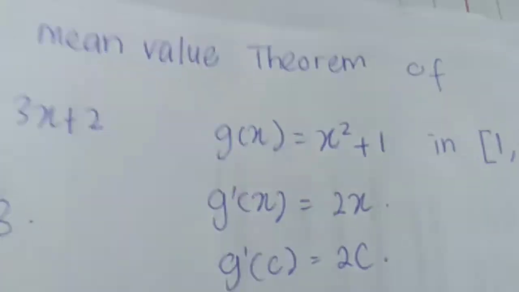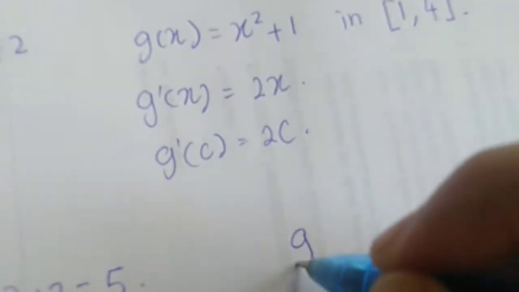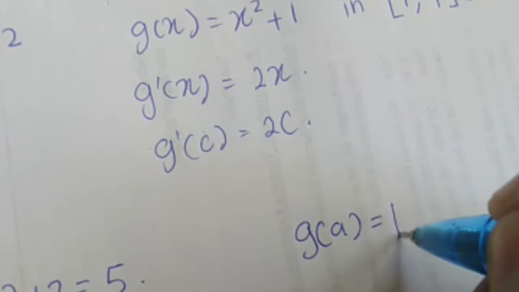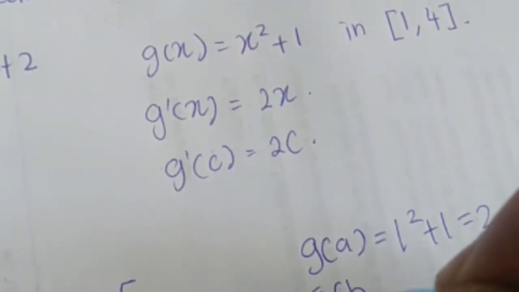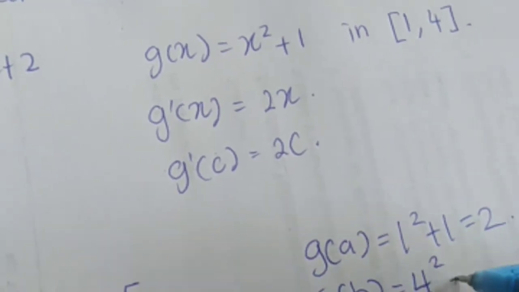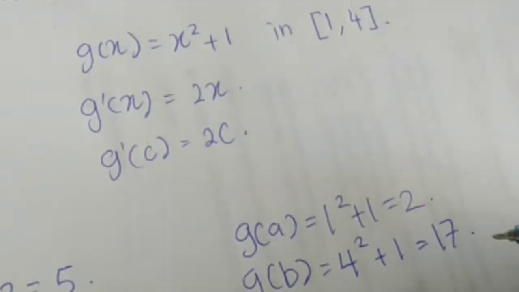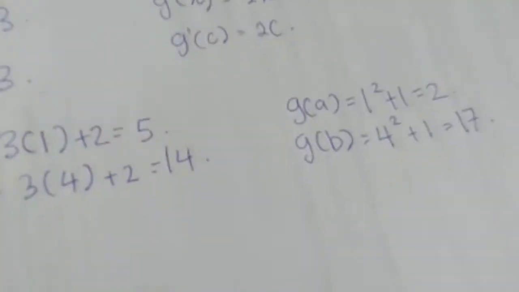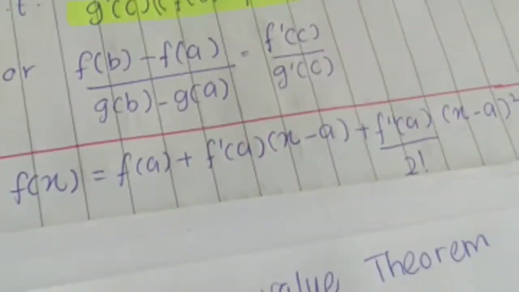Right? So we'll move on to g. So g(a) is 1 squared plus 1, which is 2, and g(b) is 4 squared plus 1, so we'll have 17.